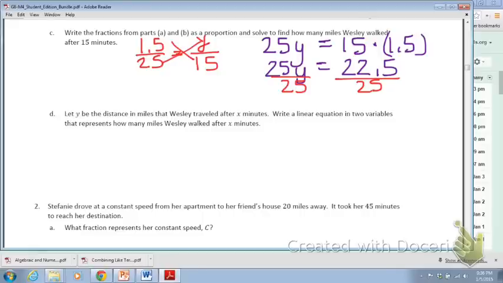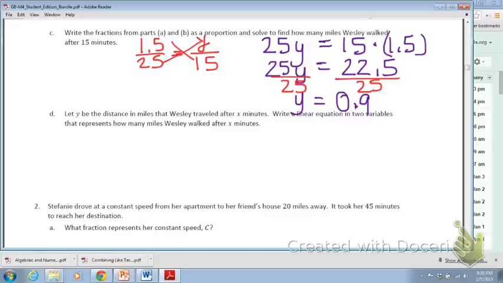I'm left with just y on the left-hand side, and on the right-hand side, when I do that division, I get 0.9, or 9/10 of a mile. So he can go 9/10 of a mile in 15 minutes, which does seem to check out.